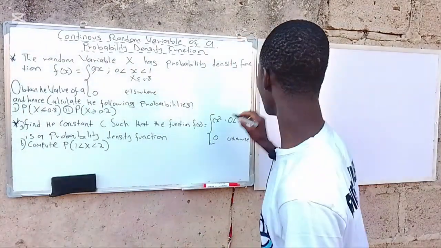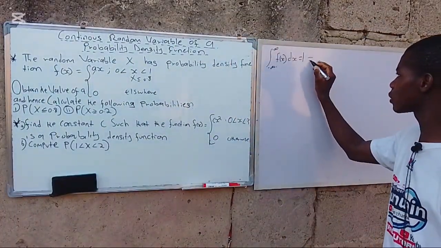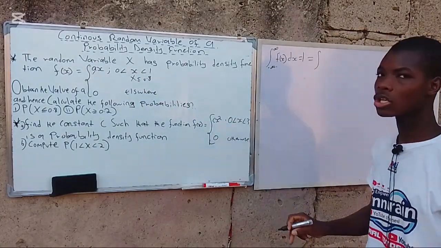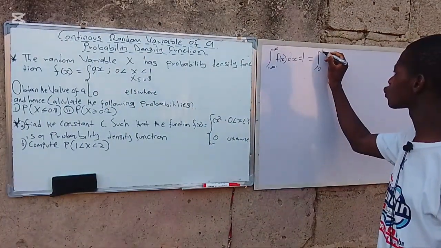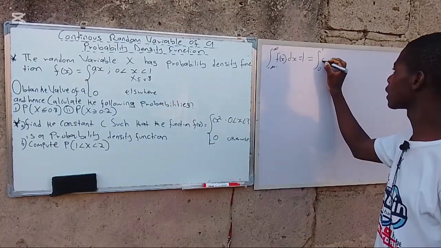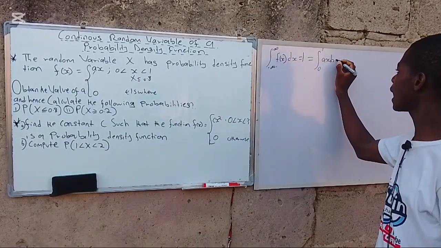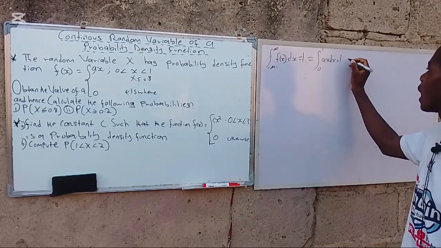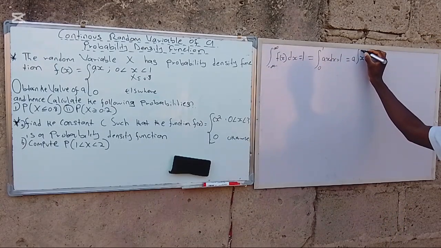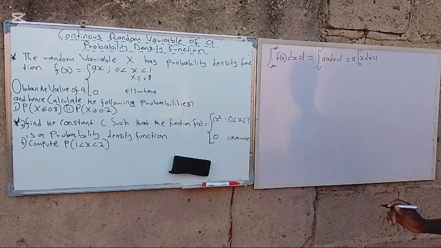So let's integrate. This is the integral from 0 to 1 of f of x, which is ax dx, and it equals 1. I will take the constant a out, so I have a times the integral from 0 to 1 of x dx, which equals 1.